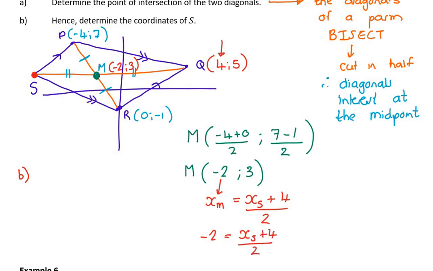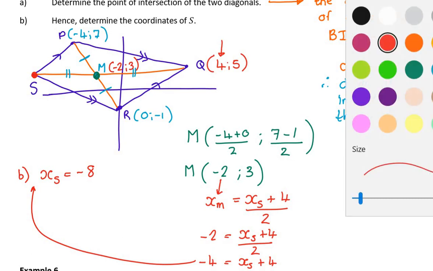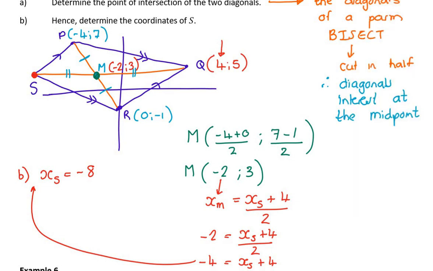So I would multiply by 2 on both sides, and I'd get -4 equals the x value of S plus 4. And so I'd subtract 4 on both sides. The x value of S will therefore be equal to -8. So this is one of the ways to do it. I will show you a different way in a second.